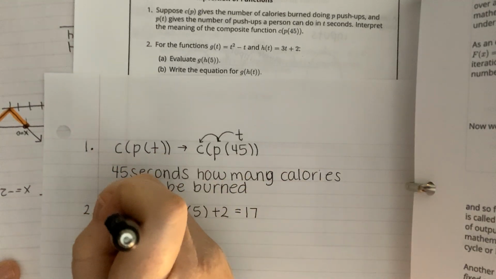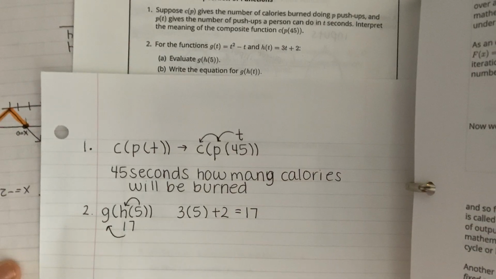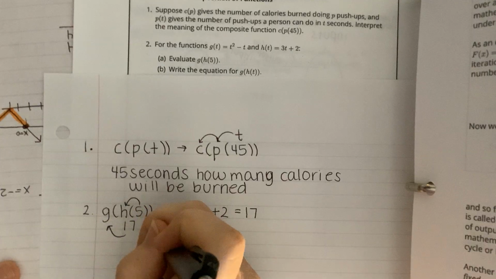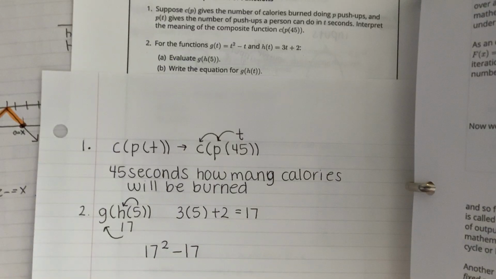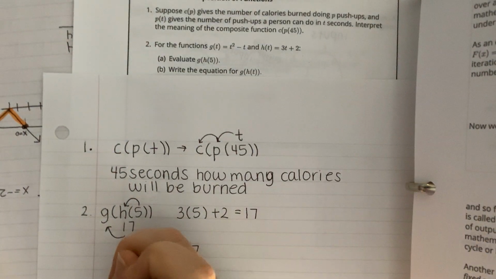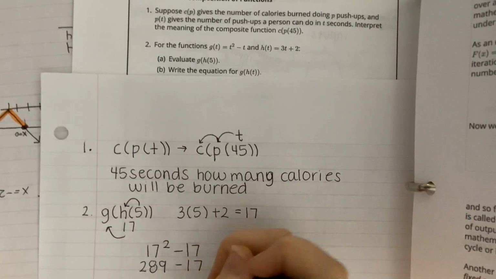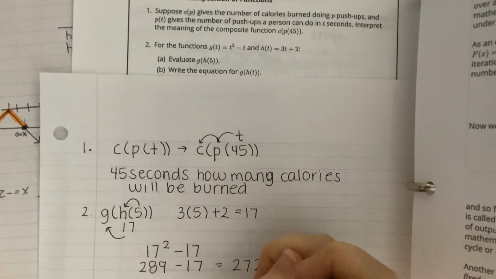Now we are taking that 17 and plugging it in for G. So now you're going to get 17 squared minus 17. 17 squared is 289, minus 17 is going to give us 272.